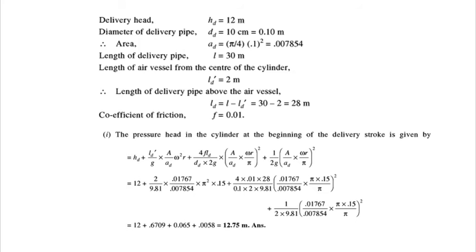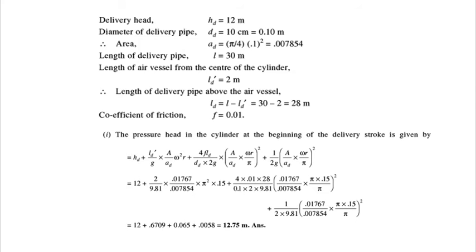First we have to calculate the pressure head in the cylinder at the beginning of the delivery stroke, which is given by this equation. This equation we had derived in the last video. HD is given, that is 12. LD dash is 2. Area of the cylinder we had calculated in the last slide, that is 0.01767. Area of the delivery pipe, we had calculated in the last slide, that is 0.007854.